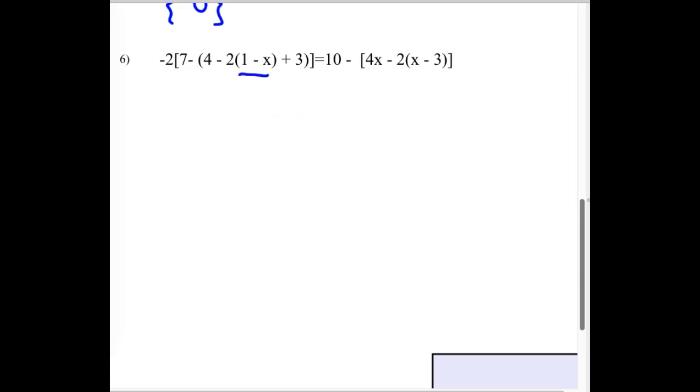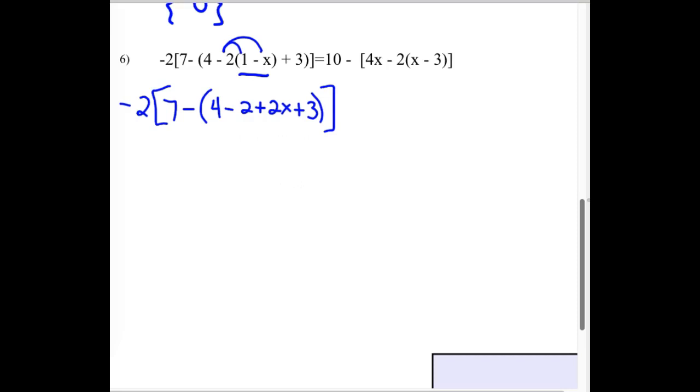They're telling me to distribute that -2. Okay, so we're going to keep everything else the same. Distributing the -2 gets me -2 plus 2x. Everybody agreeing so far on that? All right, now I have the next set of parentheses.